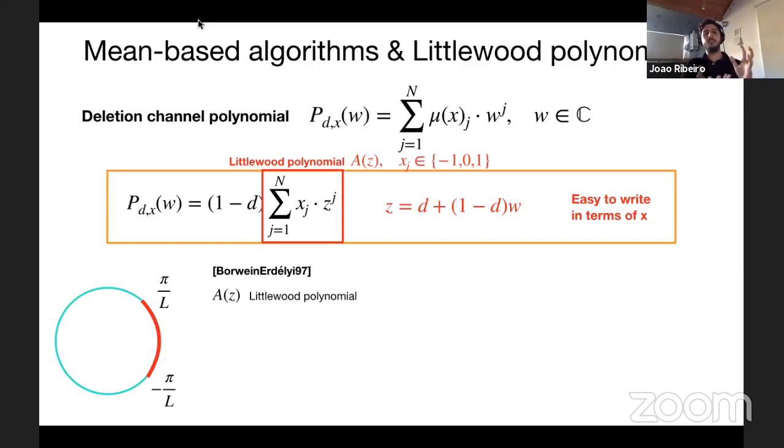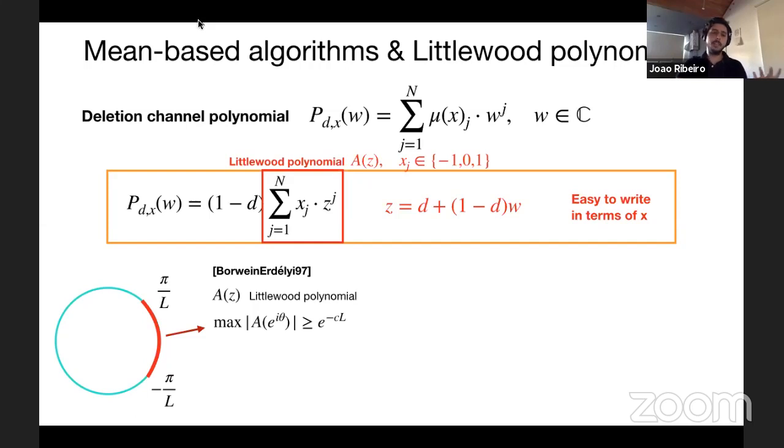If you have your unit circle and an arc between -π/L and π/L in angle, then for any Littlewood polynomial, the maximum over this arc will be at least e to the minus some constant times L, where L dictates the length of this arc.